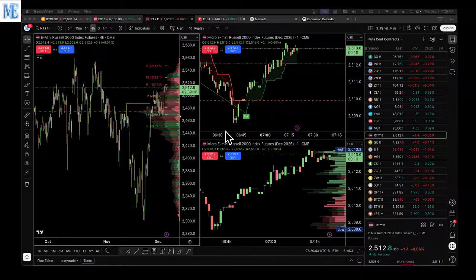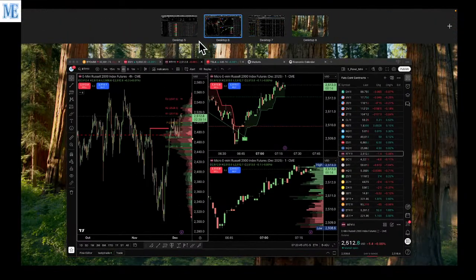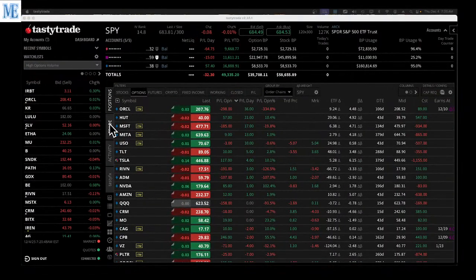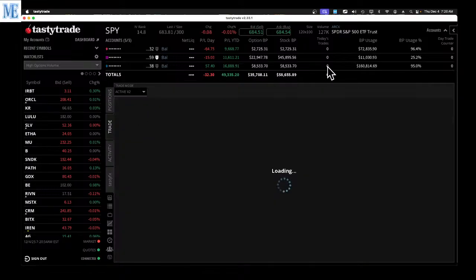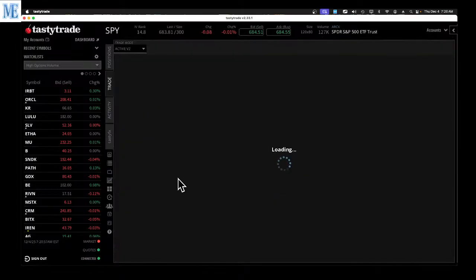I don't know if anybody's actually used it before, but their DOM is kind of garbage. It's bad. If you use this Active 2, it's pretty bad. I've tried using it. It's slow and clunky, and there's times when I've done some trades in there and they don't show up.